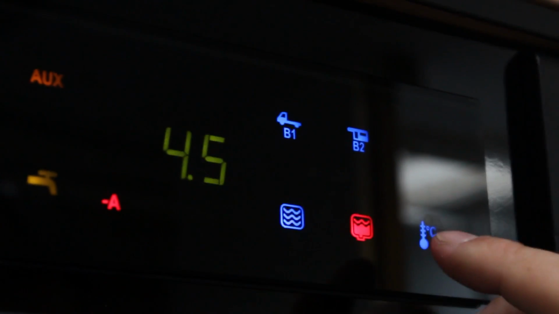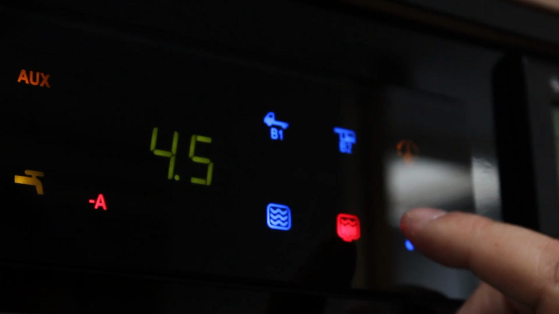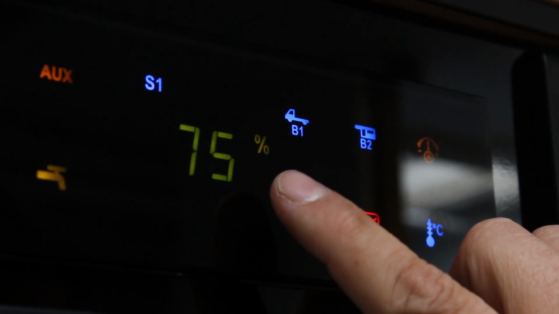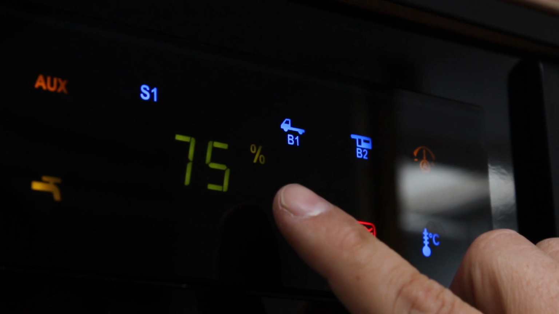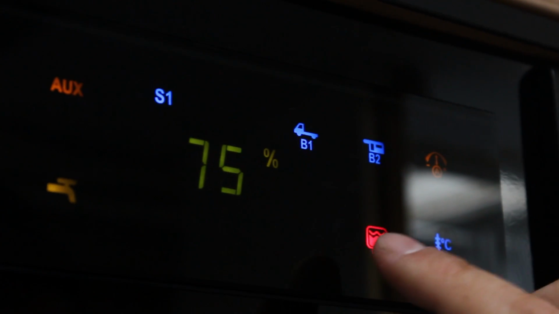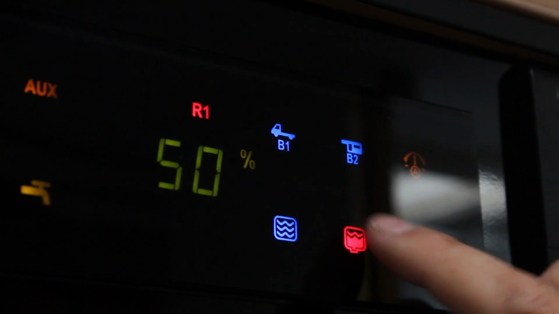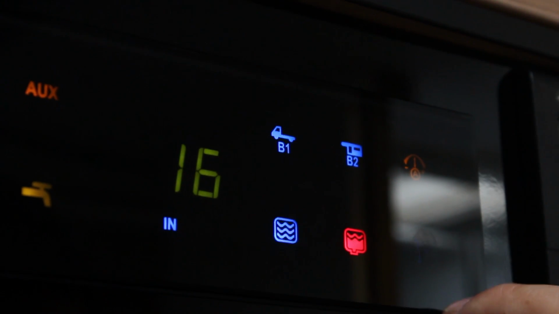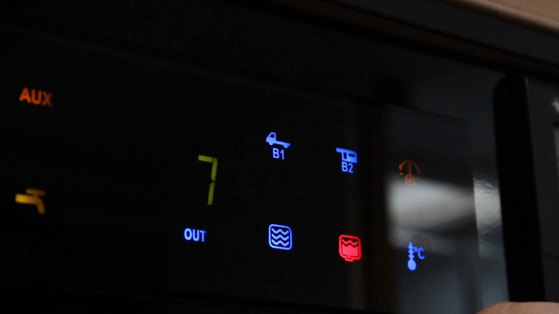The charging indicator with an A- for if you're not charging. The percentage level of the freshwater tank. The percentage level of the wastewater tank. And the temperature indicator for the current temperature inside the vehicle.